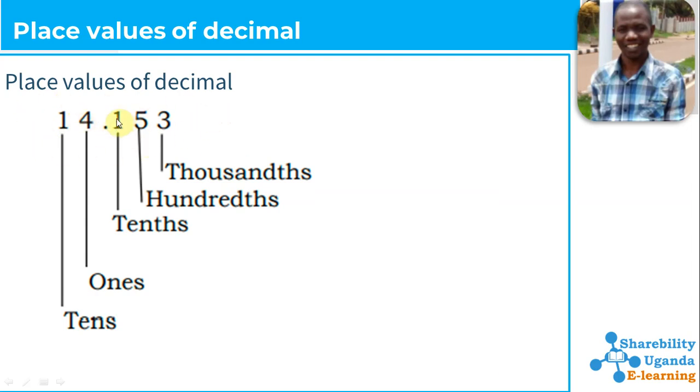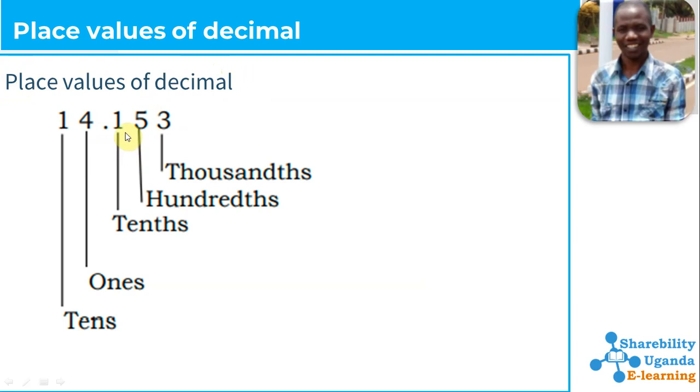Or if you say this is 153, how does it come about? It comes from our naming of these digits, which we call place values. All right, so that is an introduction to these place values.